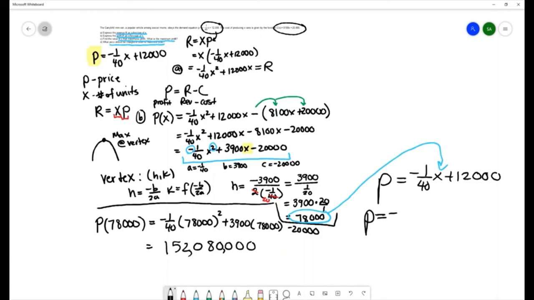That's P equals negative 1/40th times 78,000 plus 12,000. So 78,000 divided by 40 is 1,950, the little negative, plus 12,000.